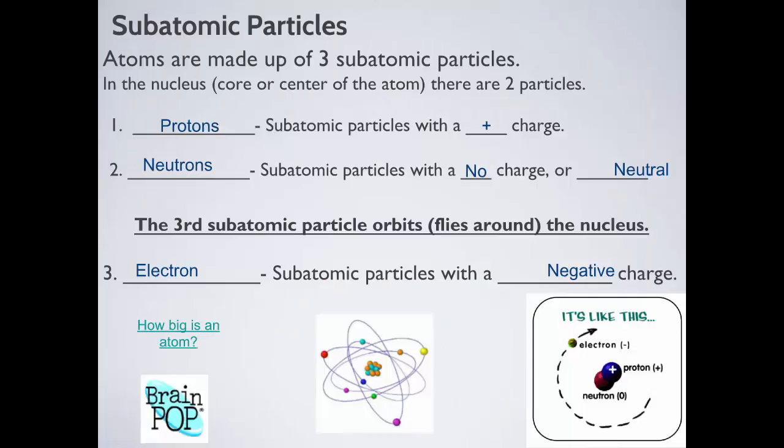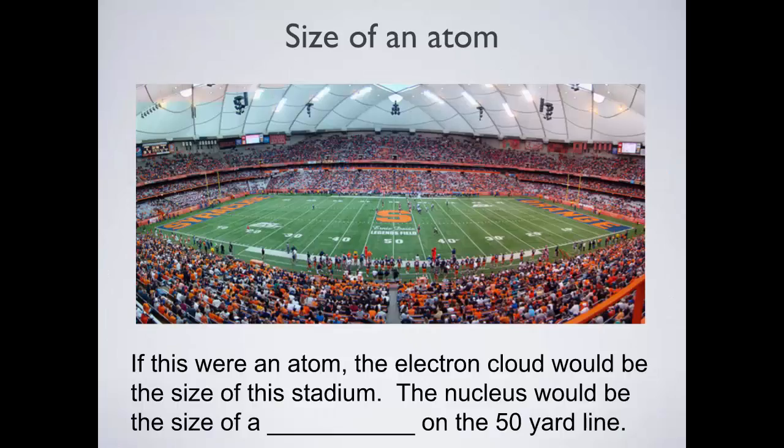Now when we draw it here, it looks like the electrons are very close to the nucleus. That's just so we can fit it on the paper. In reality, if we're paying attention to the actual scale of these things, if there were a marble at the 50-yard line of the Syracuse Carrier Dome, the electrons would be all the way at the outside of the dome.